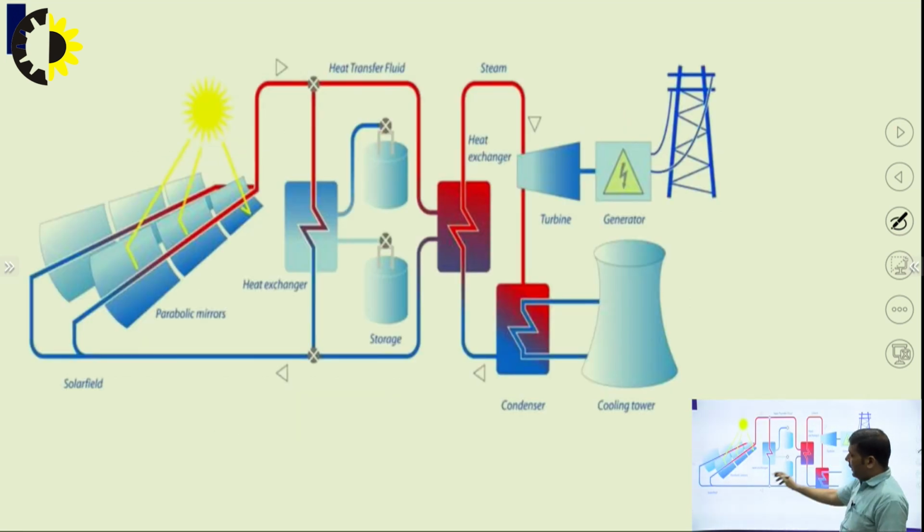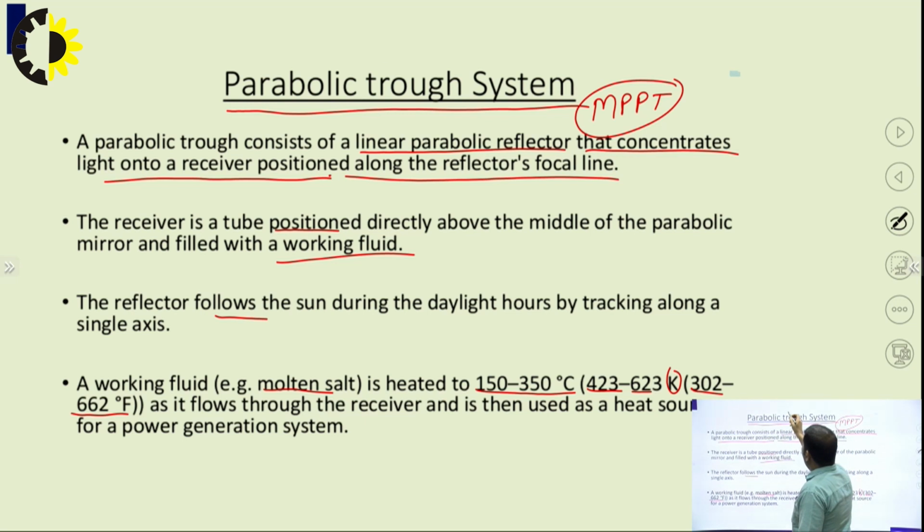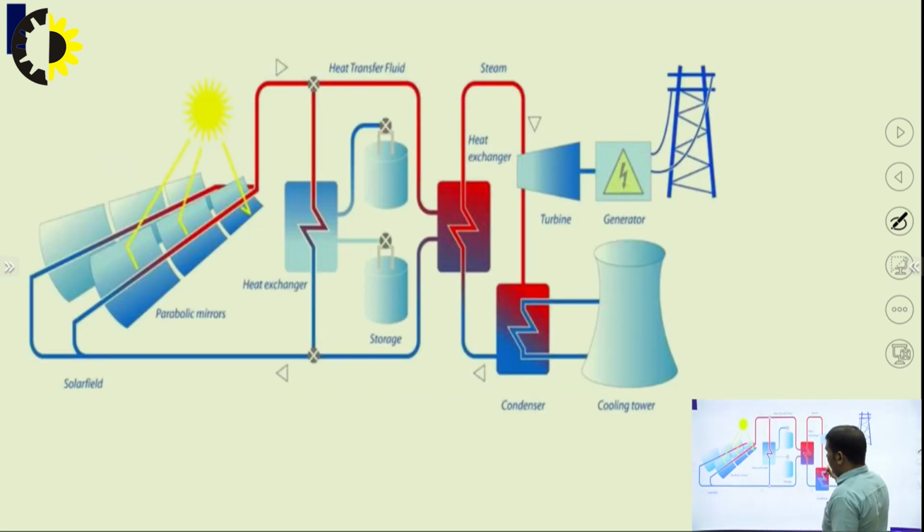This is the diagram representation of the parabolic trough system. You can see here we have the sun, the parabolic reflector, the solar field, and the parabolic mirrors.